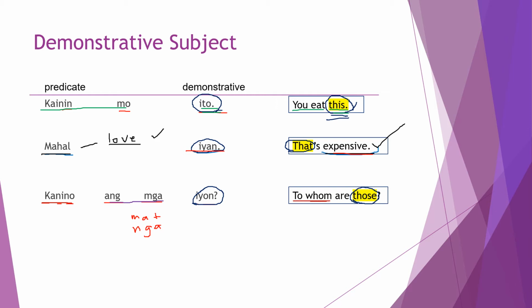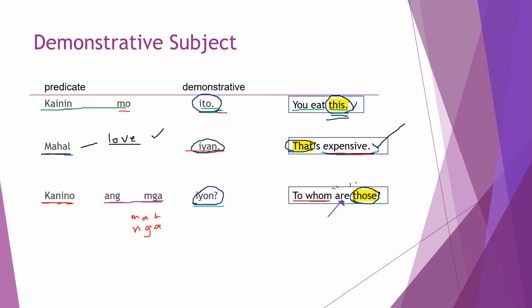That's why in English, the translation for ang mga is the word are. So, again, kanino ang mga iyon? The speaker is asking, to whom are those particular things?